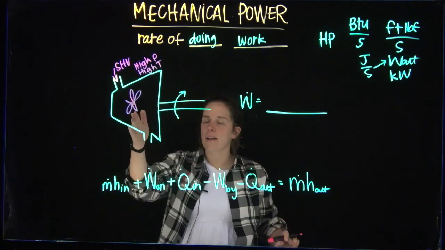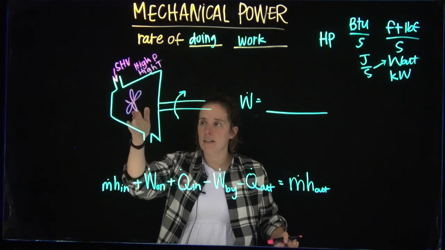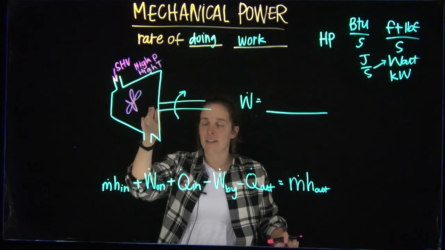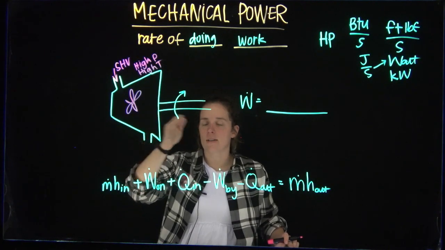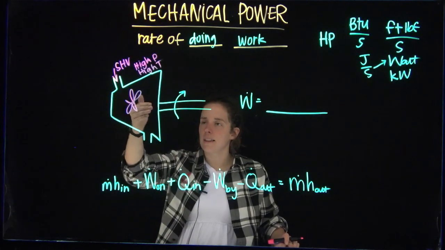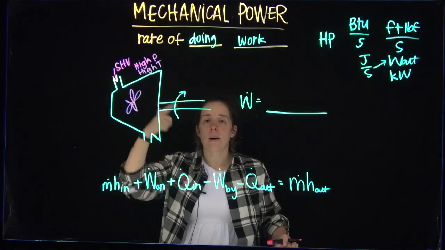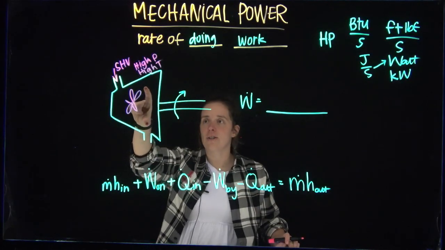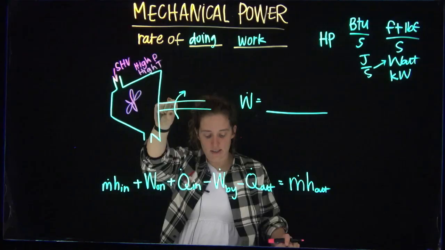In that turbine, there's not going to be just one set of blades. There's going to be multiple sets of blades, and those are called stages of the turbine. So this fluid's going to hit that and cause those stages to spin, which is turning this shaft.